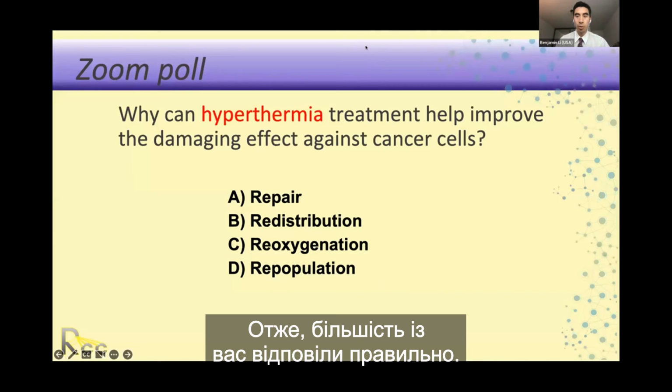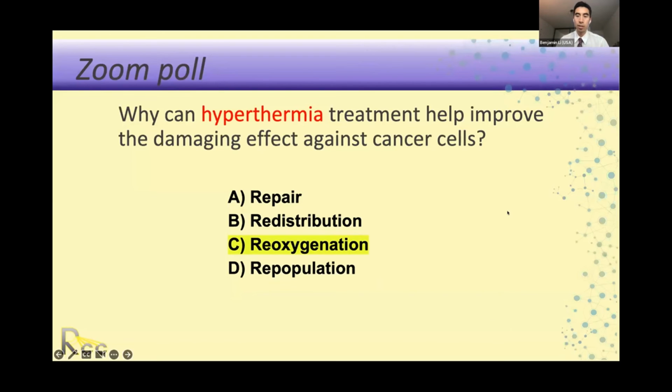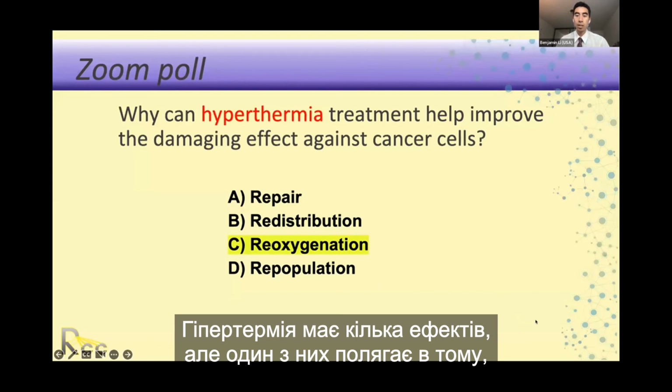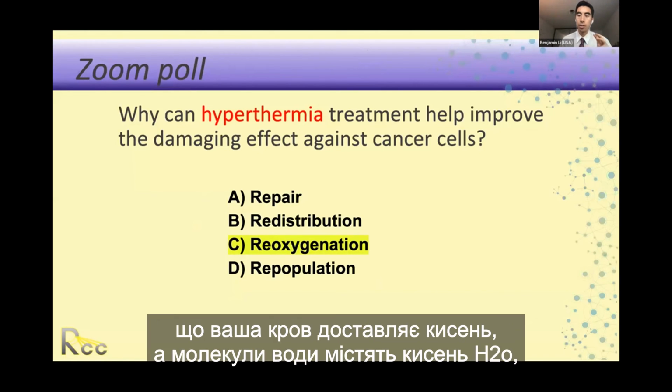Okay, so most of you got this correct. The answer is reoxygenation. Hyperthermia has a couple effects, but one of its effects is it's increasing blood flow to the area. Your blood delivers oxygen, and water molecules have oxygen, H2O.